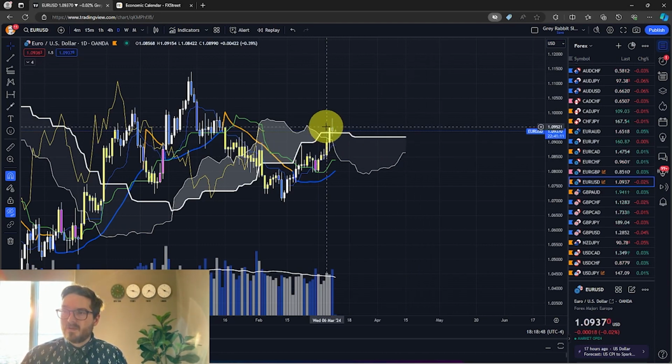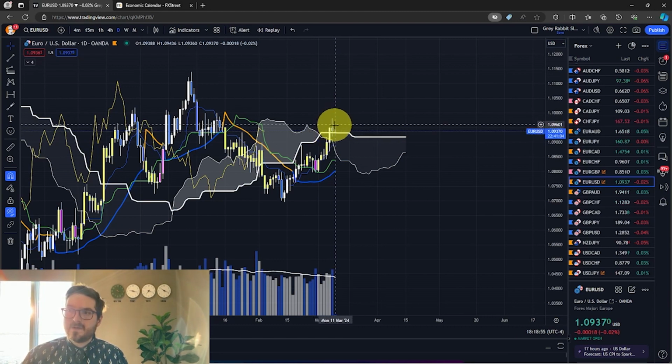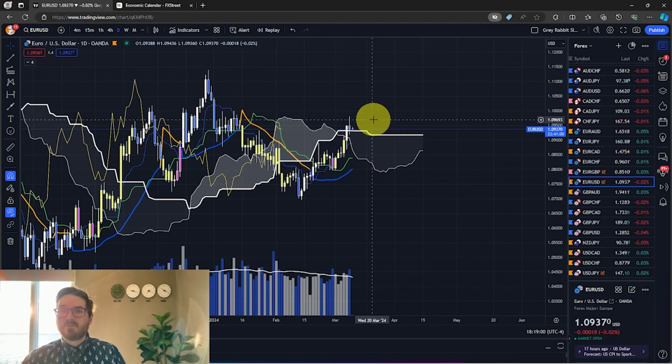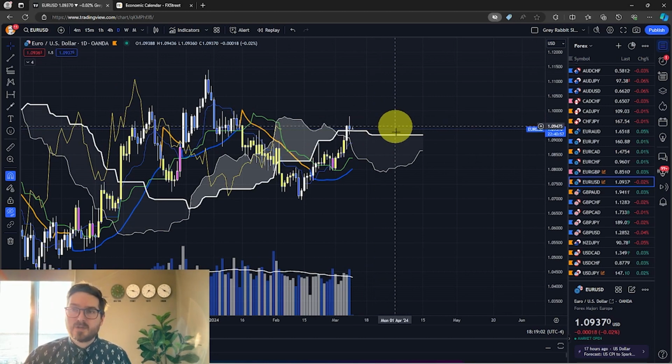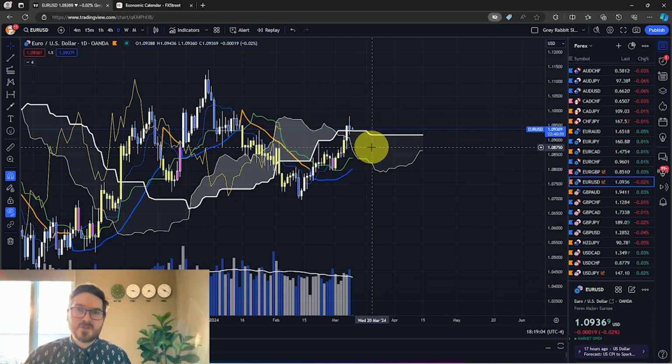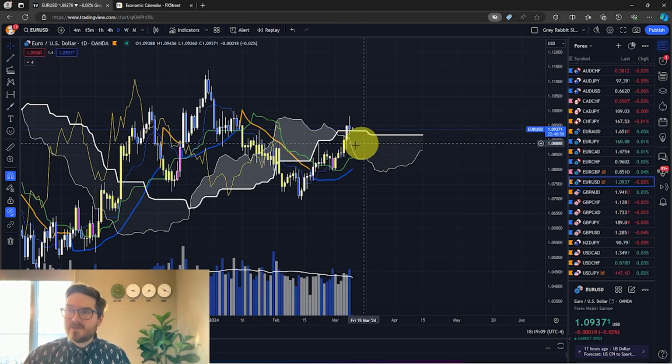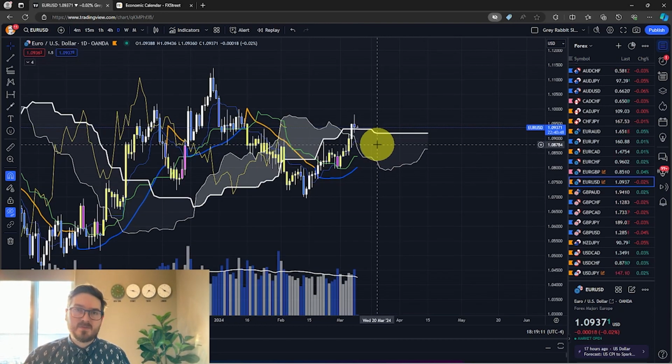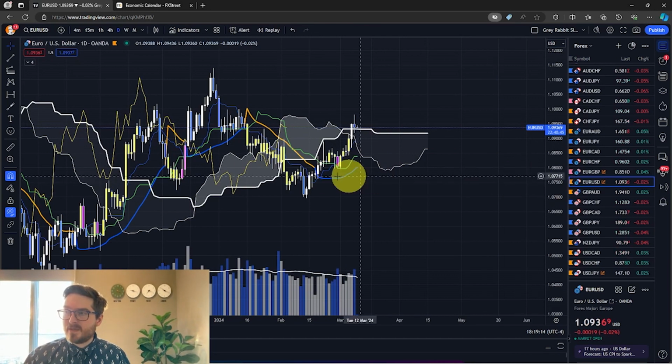So most likely, we have this doji bar here forming on an inside bar, and so this is probably going to be reversing back into the Kumo cloud this week. And when price is in the Kumo cloud, I typically don't trade it on the daily chart, just because it's very volatile and very rangy. And I think it's better to avoid that. So guys, this pair is just ranging this week, so I most likely will not be trading it.